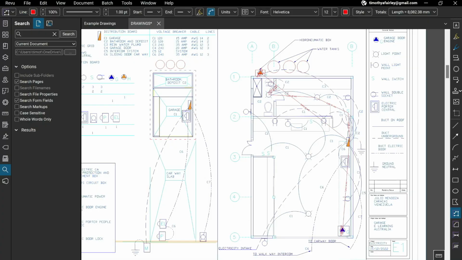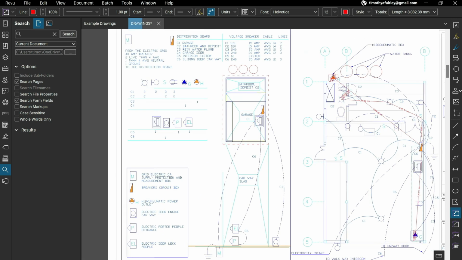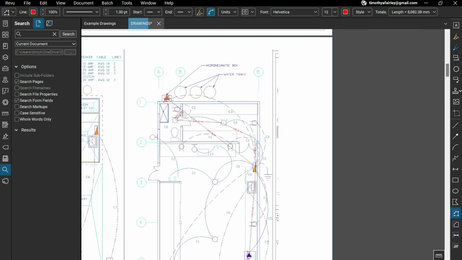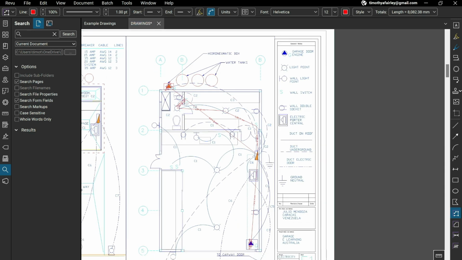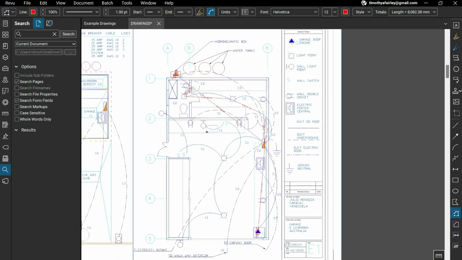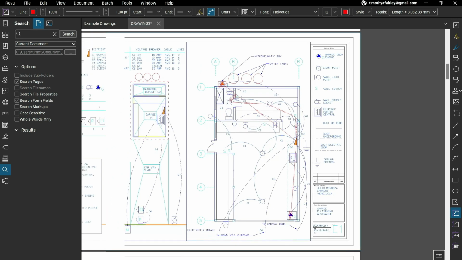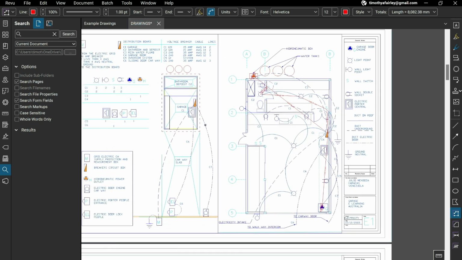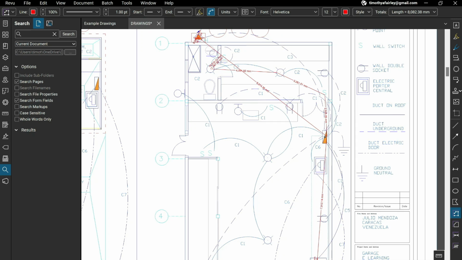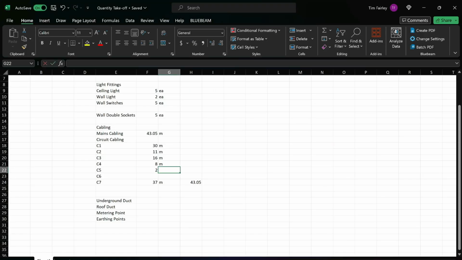And then C5 is, his labels aren't correct, which is a little bit confusing, but at the end of the day, it doesn't matter as long as the quantities are correct. 2 meters for that, and we'll just apply the same formula.